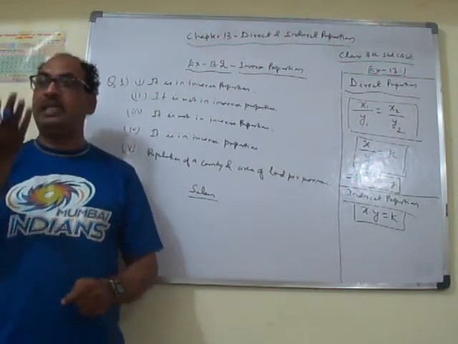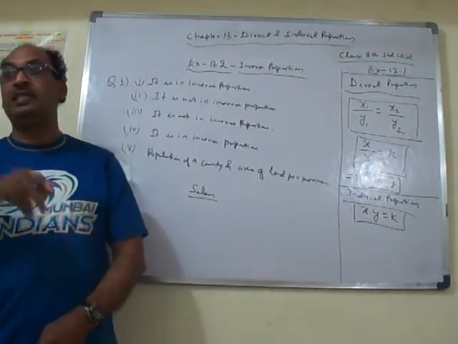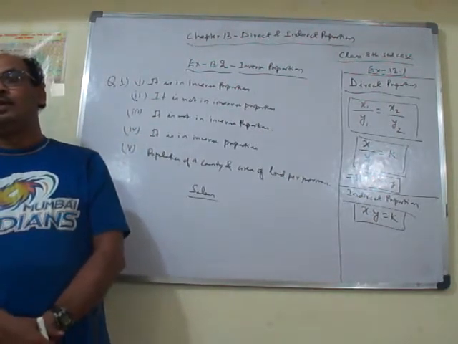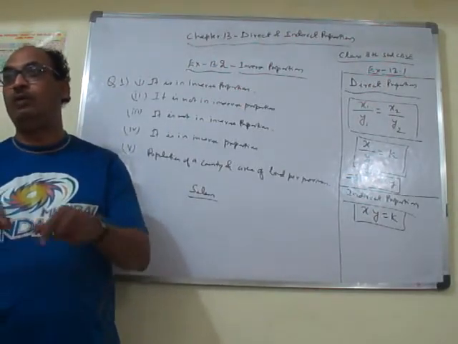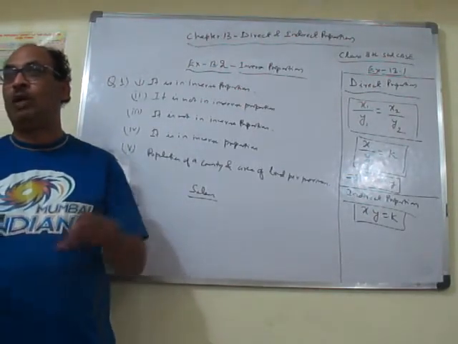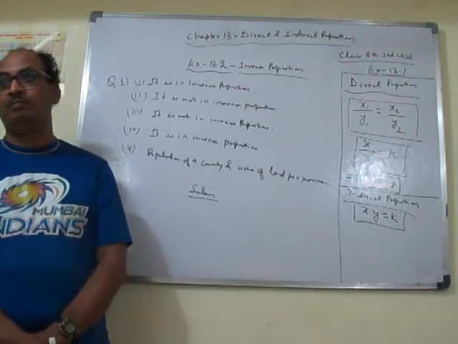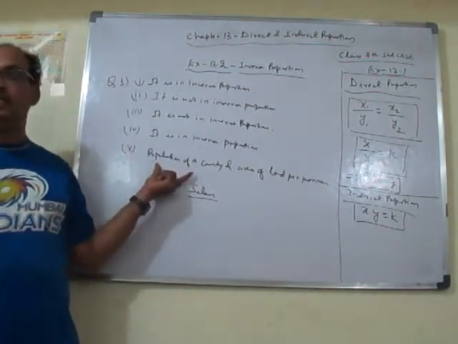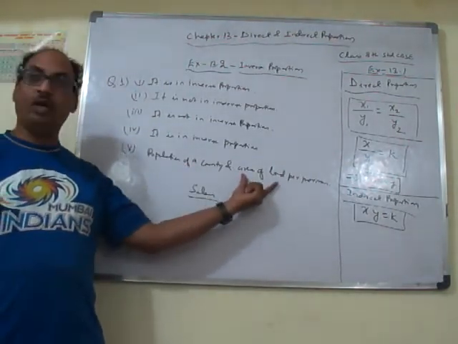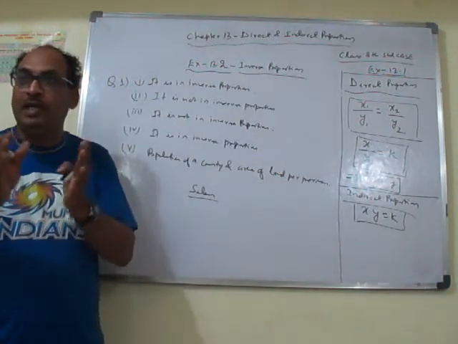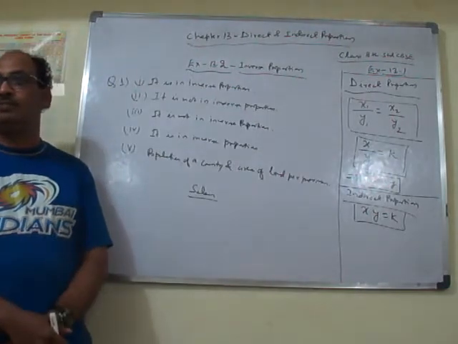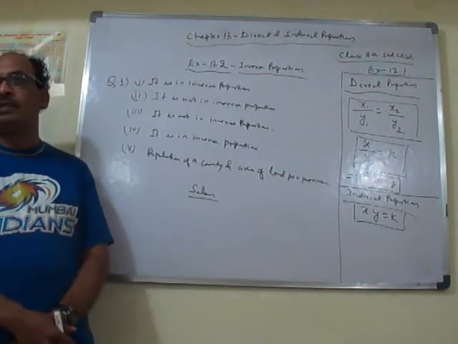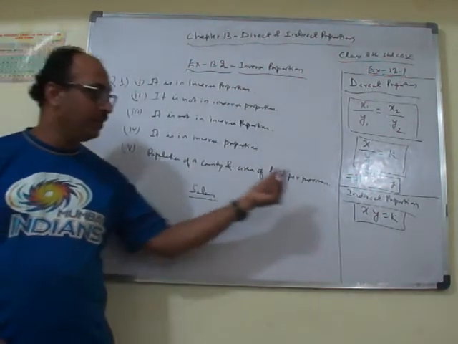Now when the population has increased, what is the condition? Even a 100-meter gap we are not able to find between two houses. Even two houses are joined together. So if the population is increasing, the area of land per person will decrease. So what is the relation?